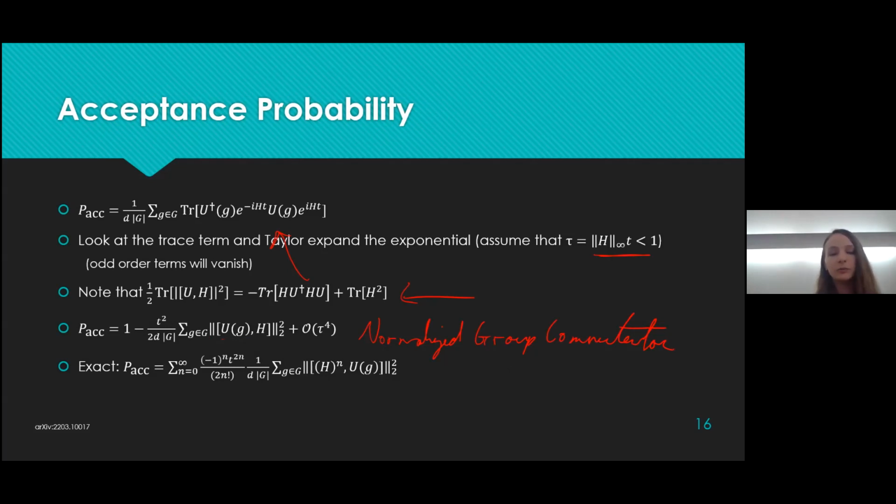So again, we're still using the Taylor expansion, but when you keep all of your terms, it can simplify to this form, where this is the nested commutator, where basically you have something that looks like this. Commutator, commutator, H, U, where this is nested n-fold.